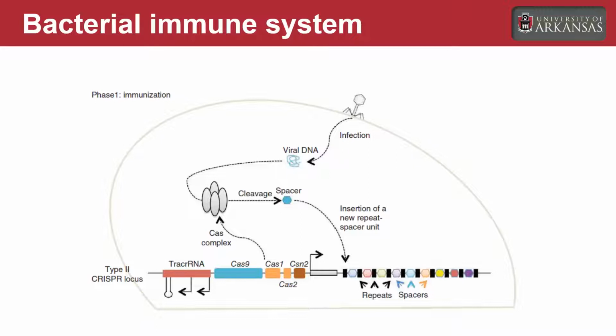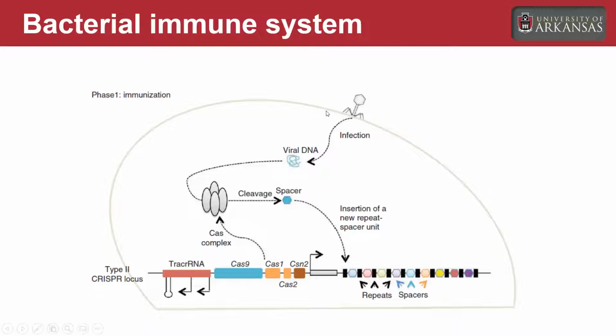So when bacteriophage infect a bacteria, the bacteria will likely die. But bacteria that can incorporate a little bit of information about that bacteriophage into their own genome can remember it for next time. When that bacteriophage shows up again, the bacteria can fight it off and kill it without the cell dying. In the first phase, the bacteriophage shows up and injects its viral DNA, and this bacterial cell gets very lucky.